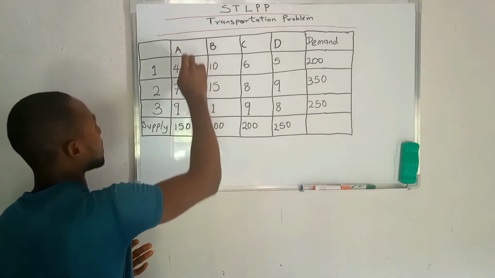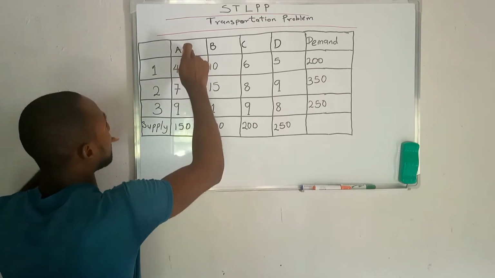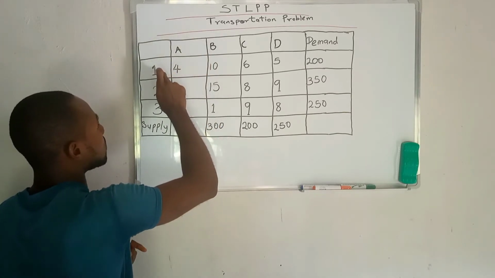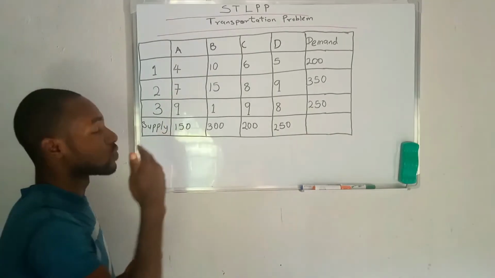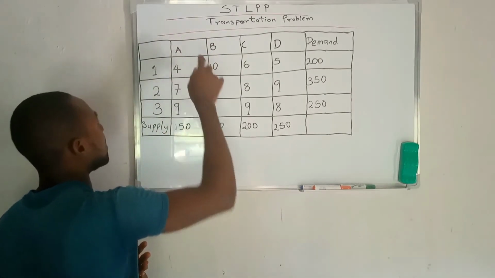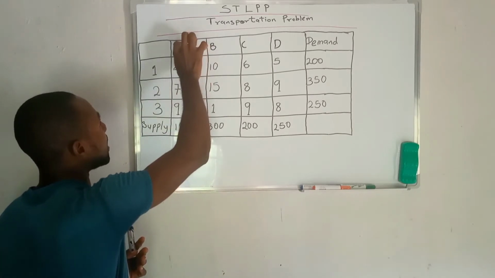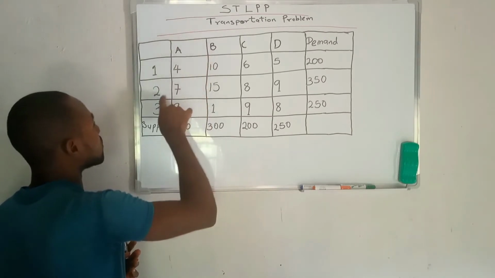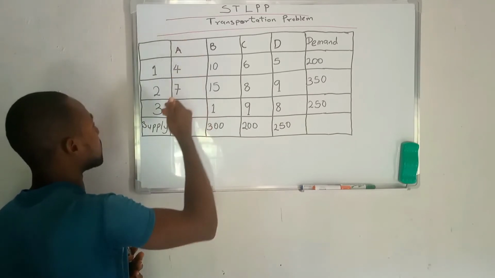Let's say we are talking about transporting one good from unit A to the first store: it will cost us $4, or 4 naira, and it will cost us $7 to transport one product from unit A to the second store, and $9 to transport from this place to this place.